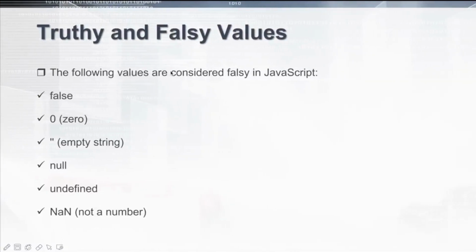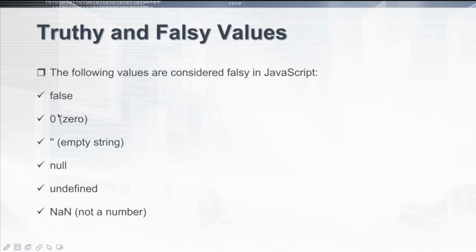So the following values are considered false in JavaScript. This is like a sheet that contains all false values. So false is false, 0 is false, empty string is false, null is false, undefined is false, NaN, which means not a number, is false as well.